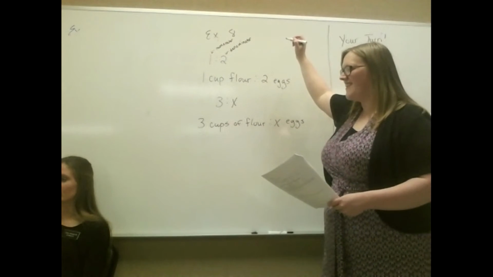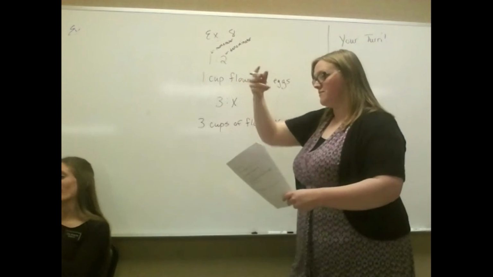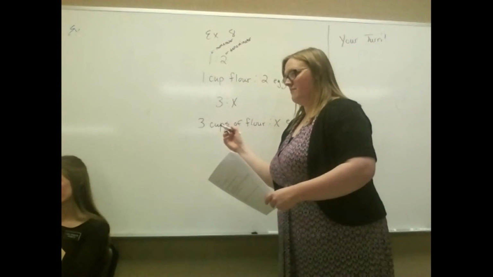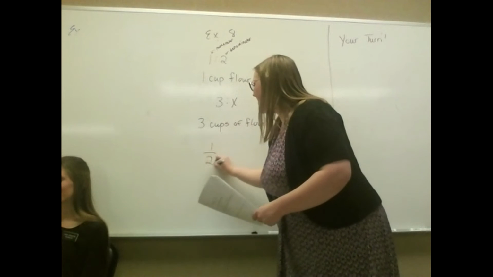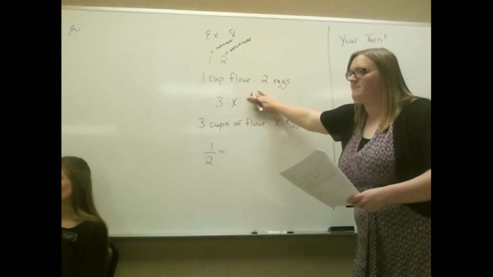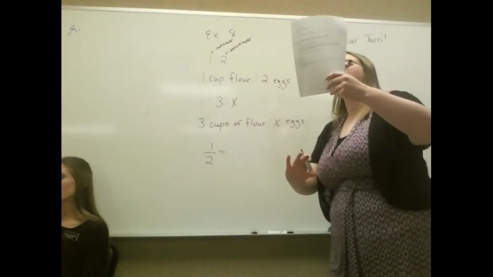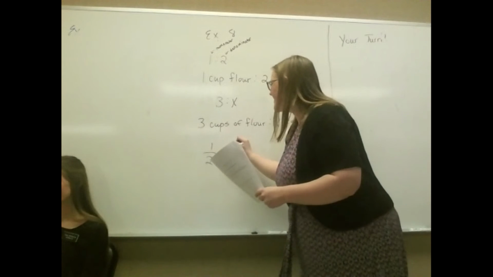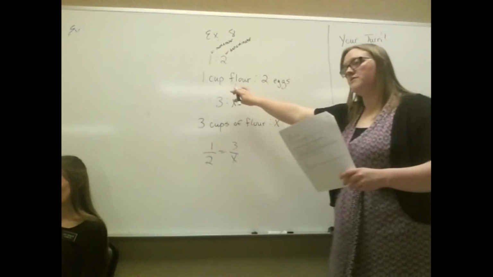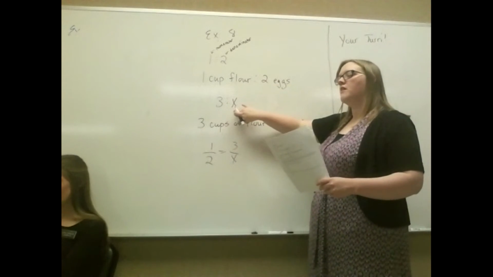I'm sorry, I was looking at the wrong thing. 2 over 1. Okay, so 1 over 2, so flip it. Yep. And then what about 3 to X? X over 3. 3 over X. So the first number goes on top, and the second number always goes on bottom.